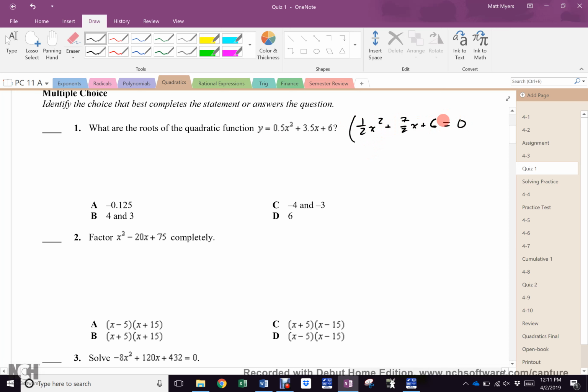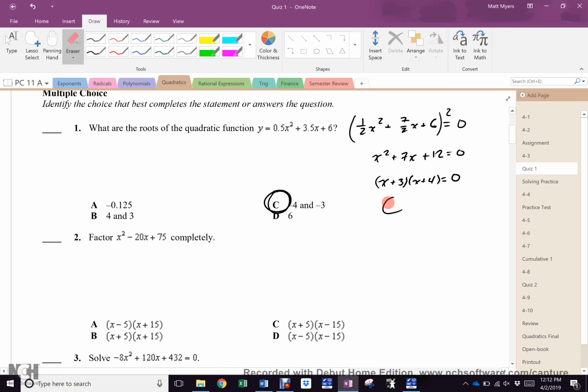So if we multiply this by 2, I get x squared plus 7x plus 12 equals 0, right? And then it's super easy to factor because it's x plus 3 and x plus 4. So the answer is... which is C.